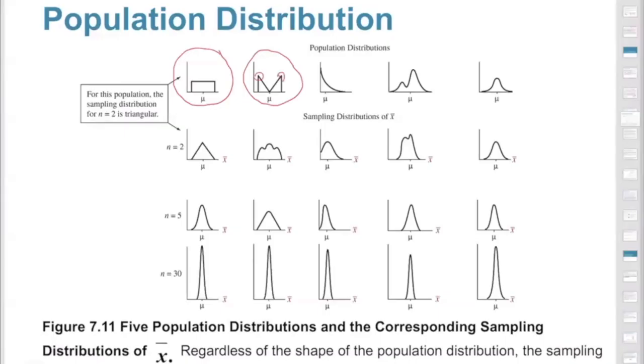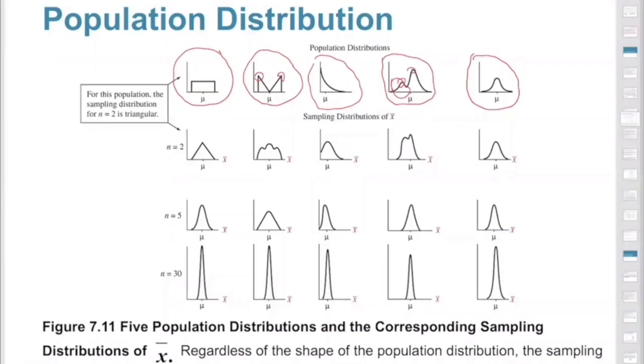So this is another different population distribution. Here you have an exponential distribution. Here you have a bimodal distribution. Of course, it's skewed to the left because this peak is lower than this peak, so you can consider this as a tail, so it's skewed to the left. And you have a normal distribution. So you have here 5 different population distributions, as you can see.